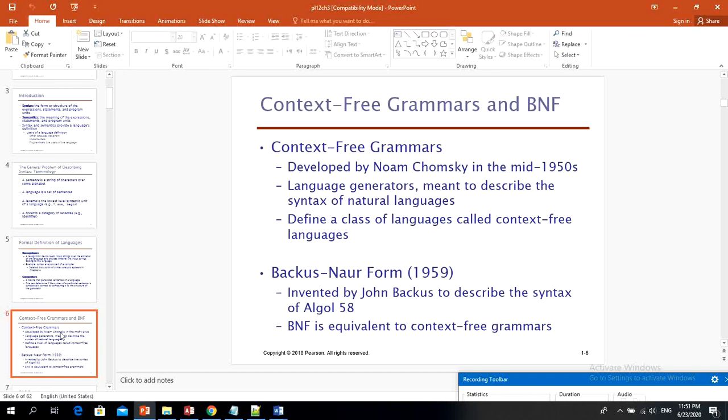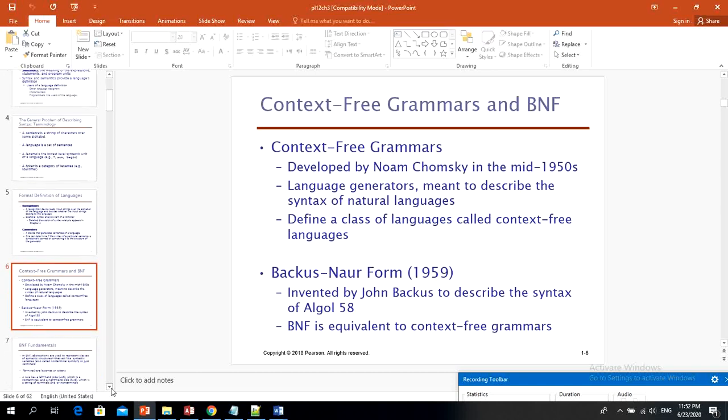This is the first language to be subjected to this context-free grammar to test the expressions. So BNF is kind of equivalent to the context-free grammar that was developed in the early 1950s.